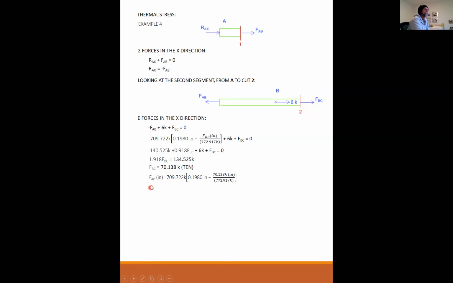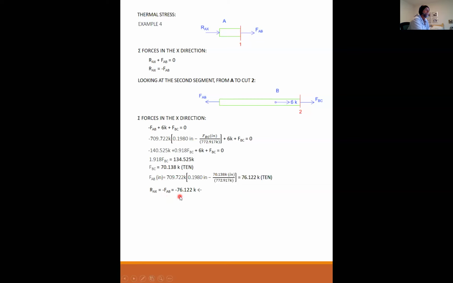Now to find the force in AB, we go back to our compatibility equation, and we can plug in FBC here, which is 70.138 kips, solve this, and I get 76.122 kips, again positive, again in tension. RAX is the negative of FAB.